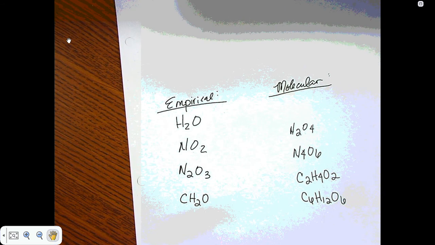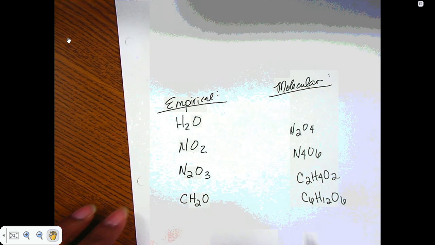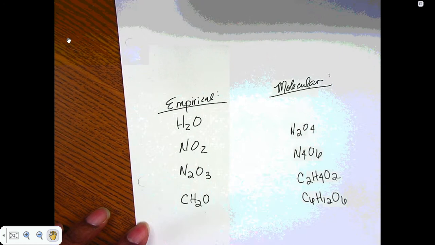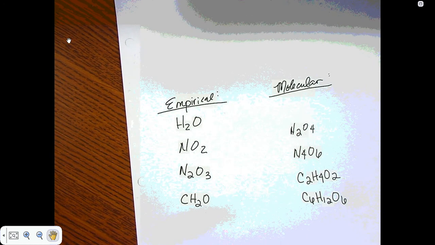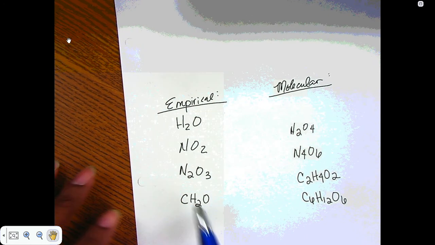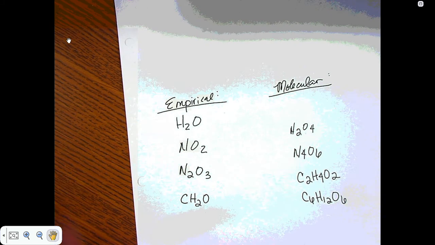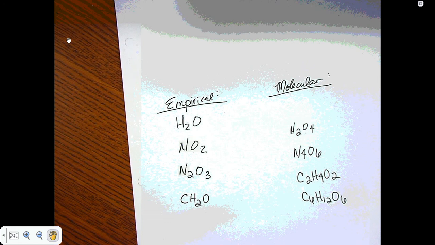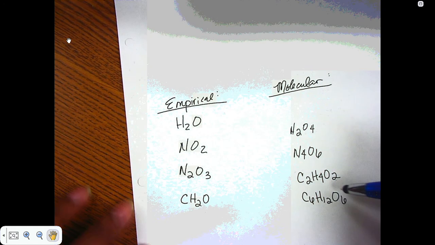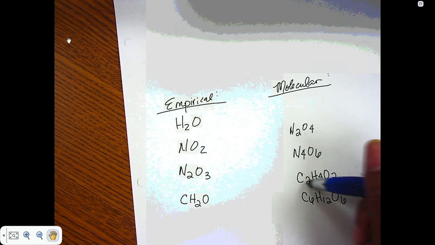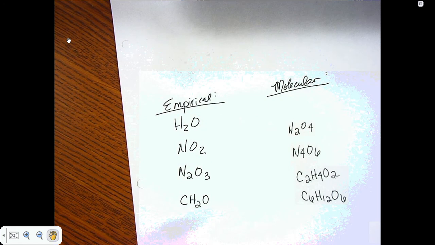Now, what's going to be useful to know as a concept is that there will be questions where you're given information about the empirical formula of a compound, and you're tasked with determining the molecular formula of that compound. And the discernible characteristic lies in not only the number of atoms, but their respective atomic weight.